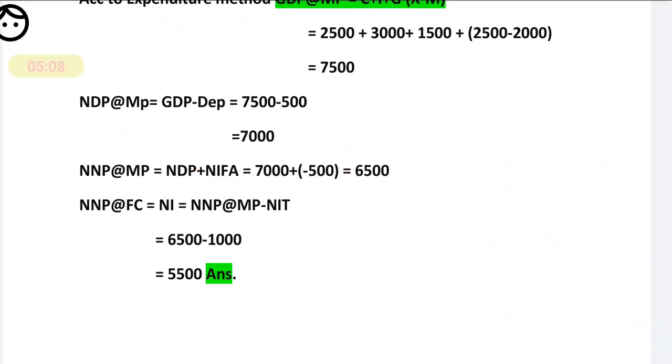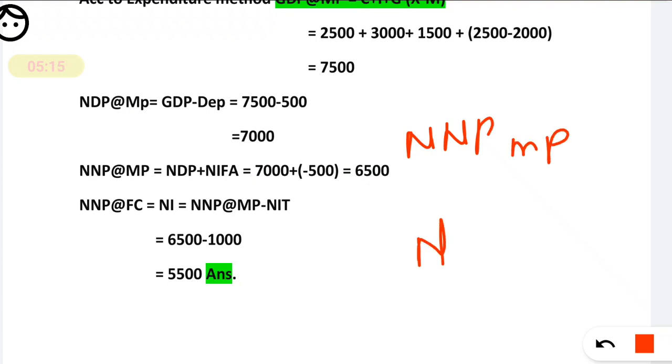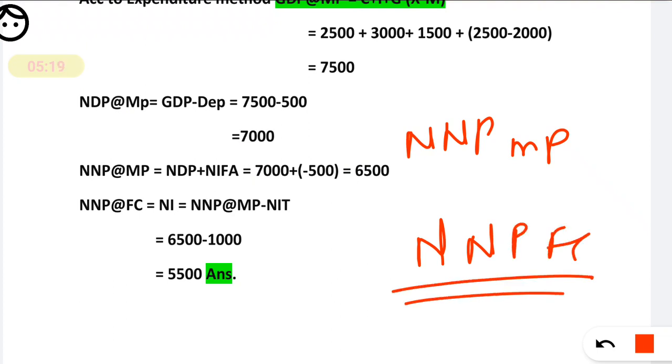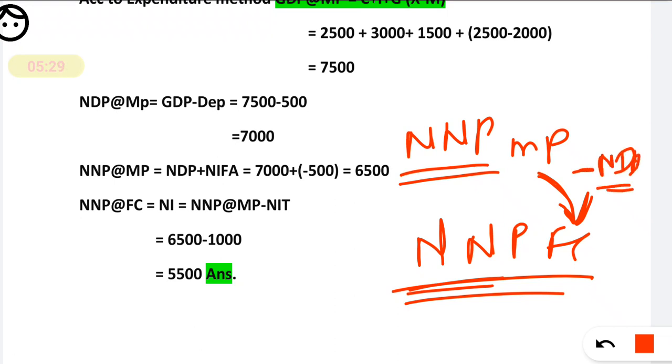Now we have NNP at market price, and we have to finally find the net national product at factor cost, that is national income. We have to move from market price to factor cost. How can you move? Simply by subtracting the net indirect taxes, right?